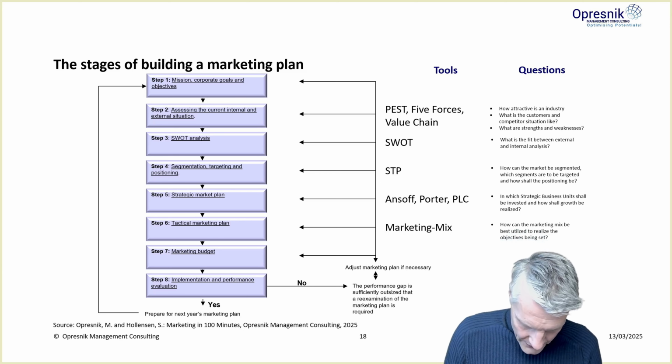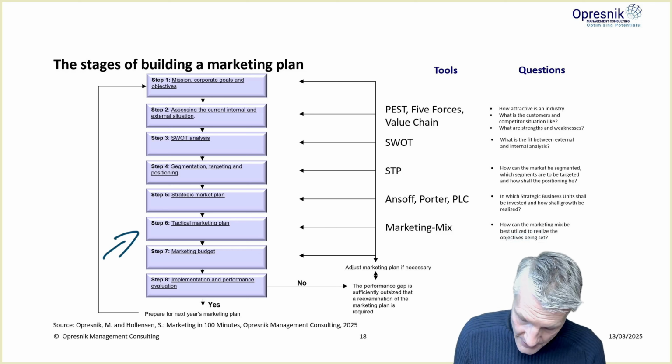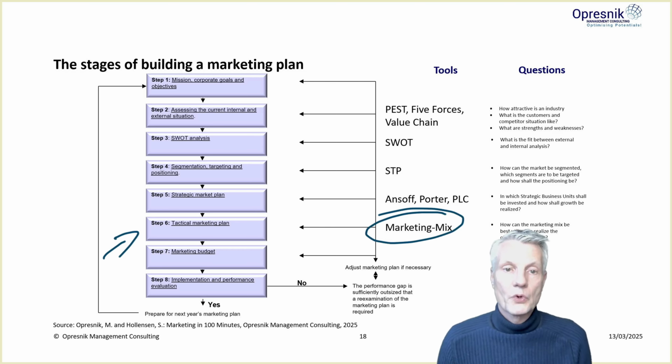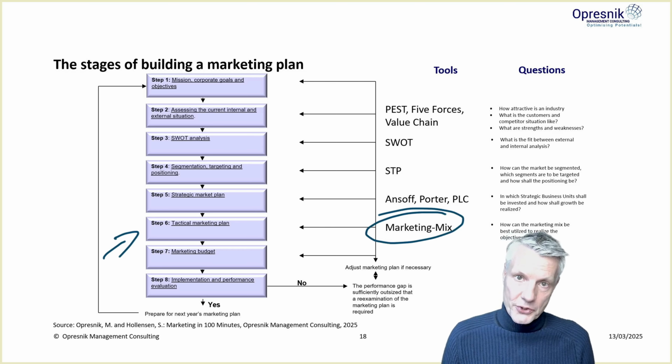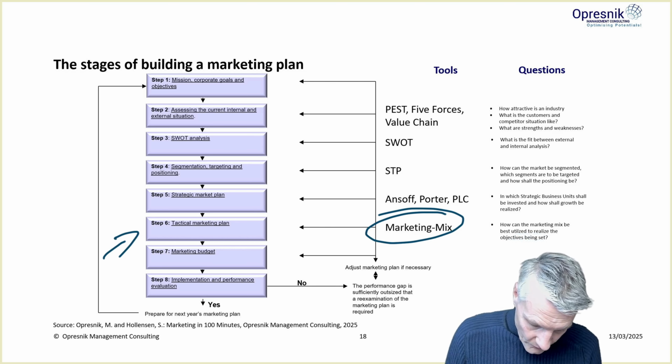Now, the next step is then the tactical marketing plan. And here, the marketing mix comes in. I already talked about that being comprised of the 4 Ps. I also have the last slide now, which I will show you, which is further elaborating that, so I'm not touching base now on that.